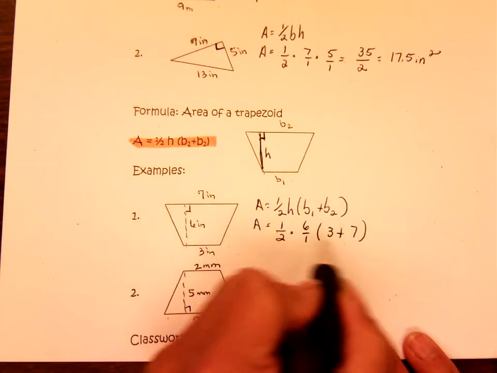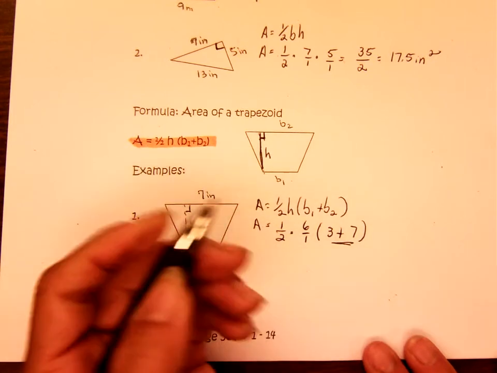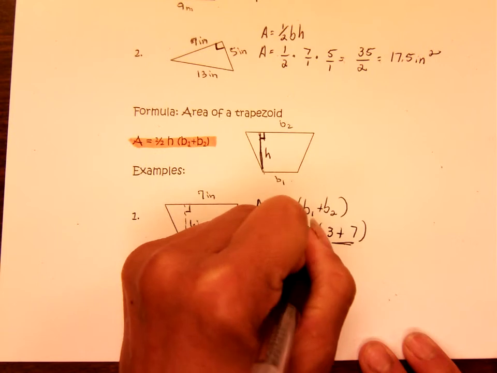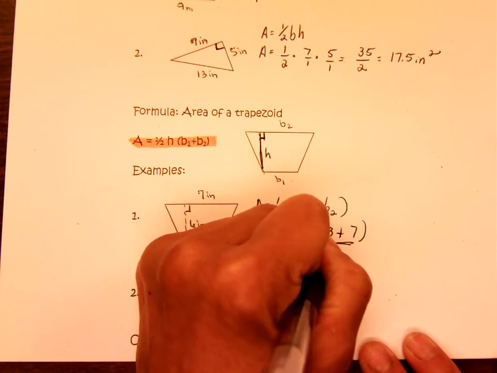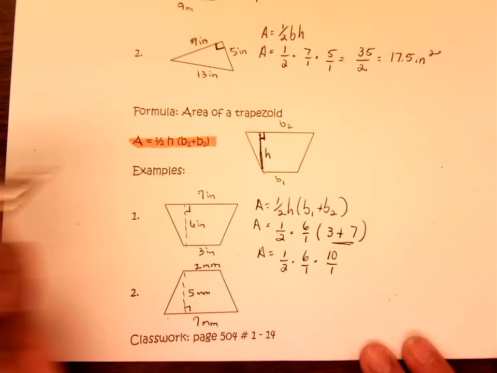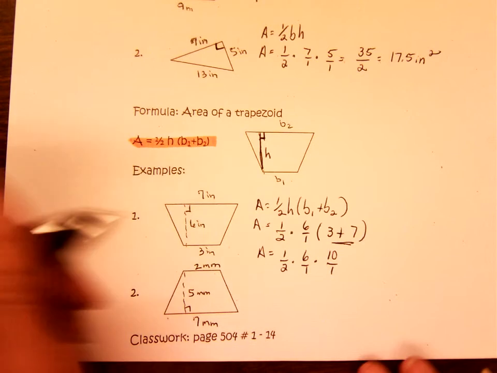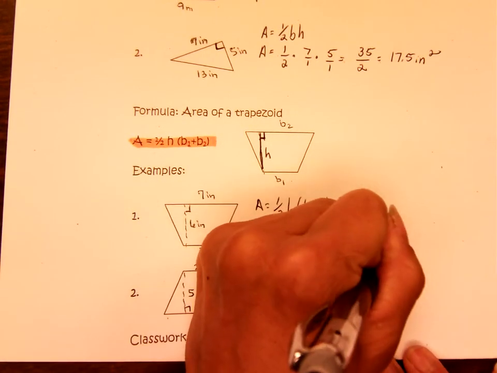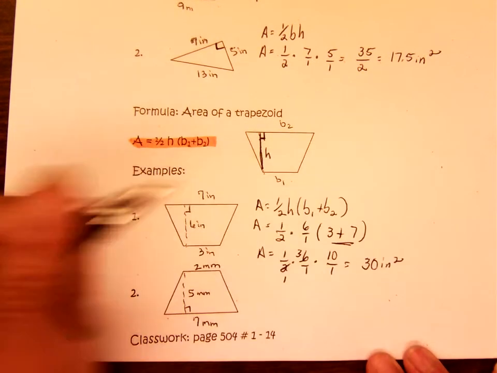Remember order of operations tells us we have to do parentheses first, so A is equal to 1/2 times 6 over 1 times 10 over 1. Anything you can cross reduce? Yes, you can do 1 and 3. And the answer is 30 inches squared.